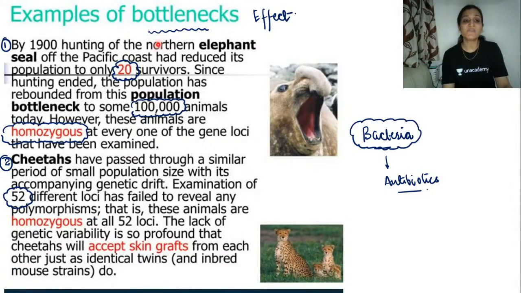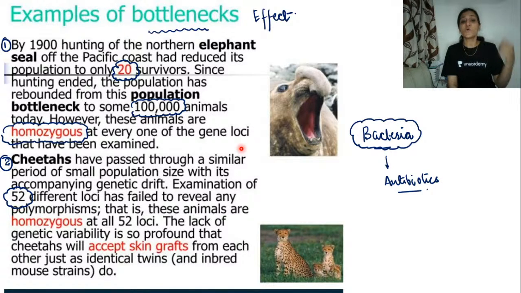Then bottleneck effect, it is seen in the northern elephant seals, and because of their hunting, just 20 survivors were there, and when there was a check on their hunting, those 20 survivors had to build up the population. So they took their normal size in that particular habitat, they increased in number, but the most important twist was that all the gene loci became homozygous.